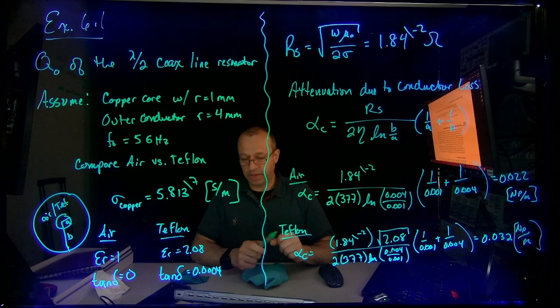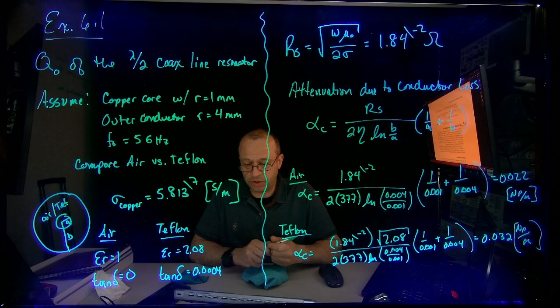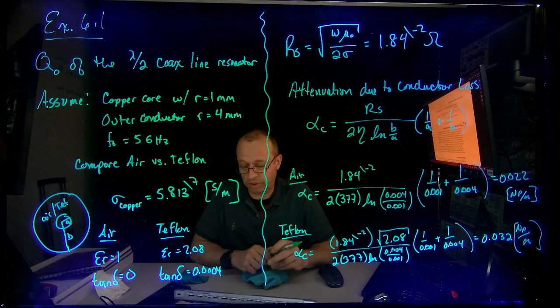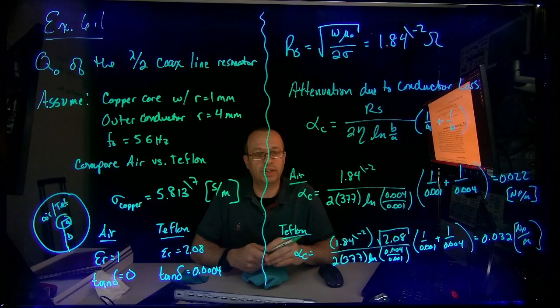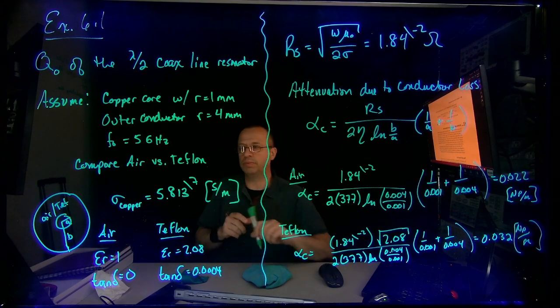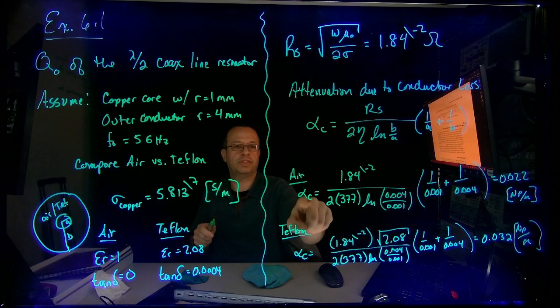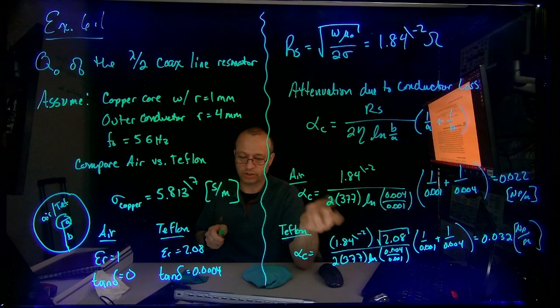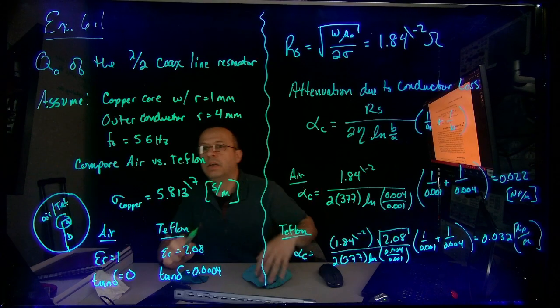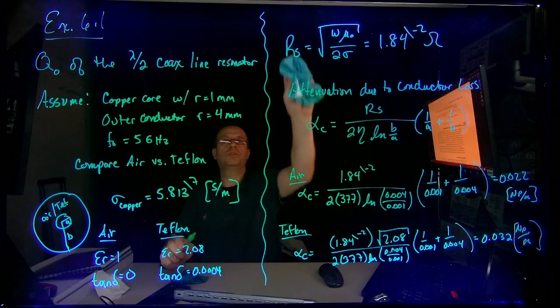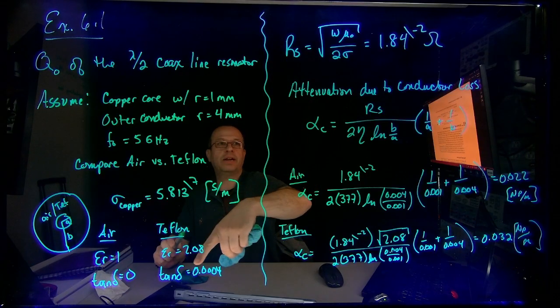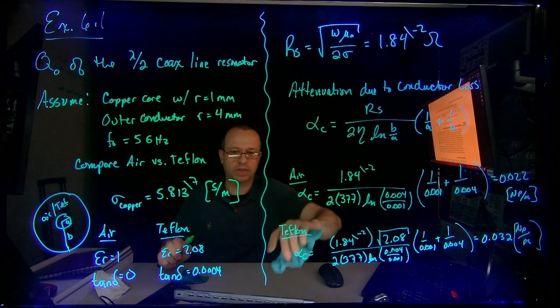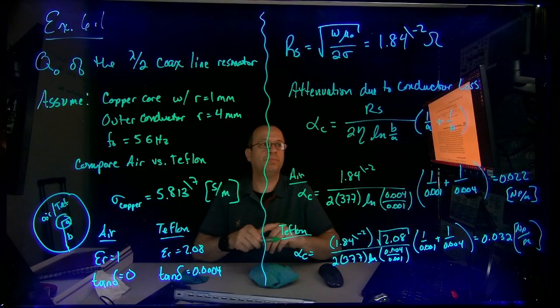The next step is attenuation due to dielectric loss, and we need to do that for both air and Teflon. The air one is actually fairly easy, so we'll start with that. If you remember, when we're talking dielectric loss, your conductor loss is alpha C, and your attenuation due to dielectric is alpha D. I am going to leave this side up and erase this side because I want to keep these numbers here.